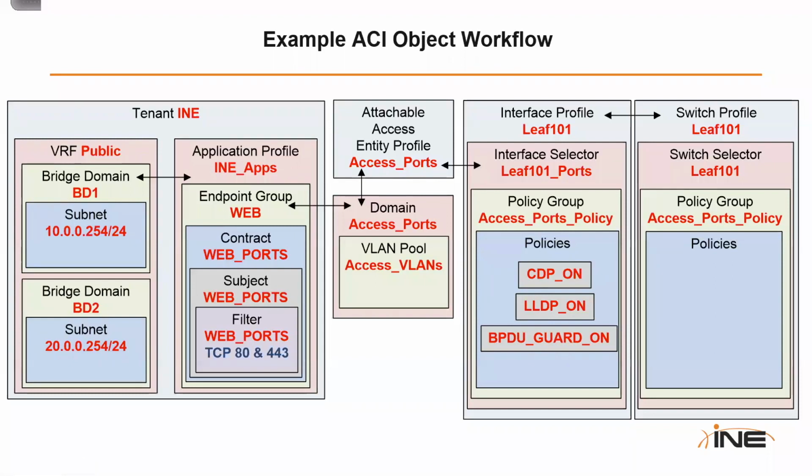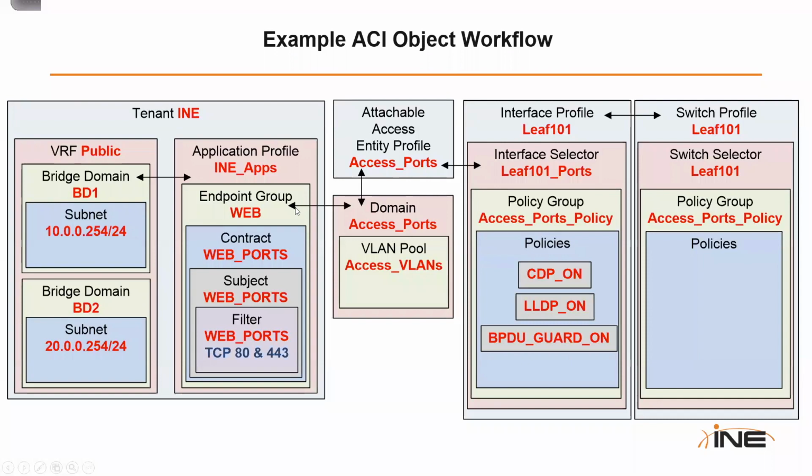It's called from the profile leaf 101, which is selecting the leaf and then the access ports policy. Okay, we have the attachable access entity profile, which is called our access ports, called from the domain, access ports, calling the VLANs access VLANs, and then we're specifying our endpoint group.